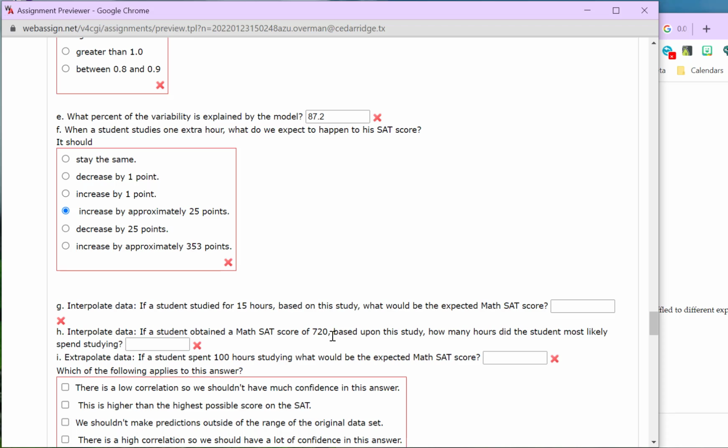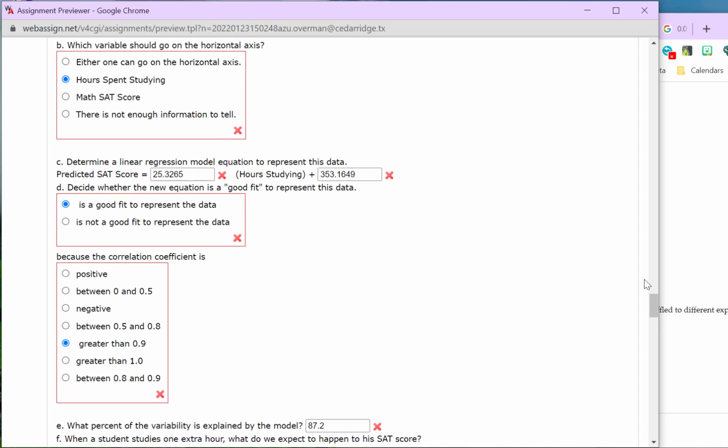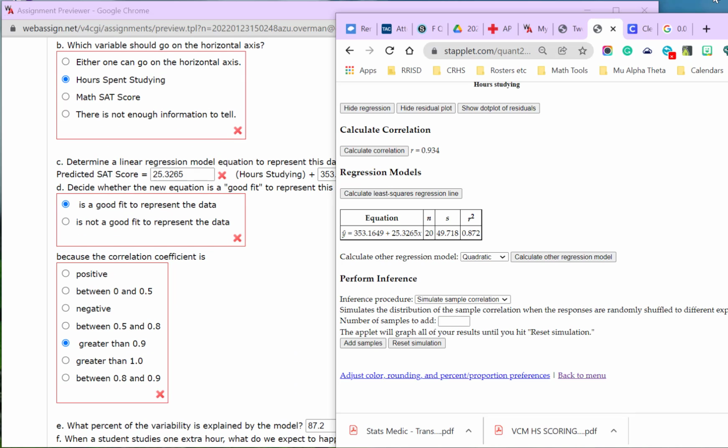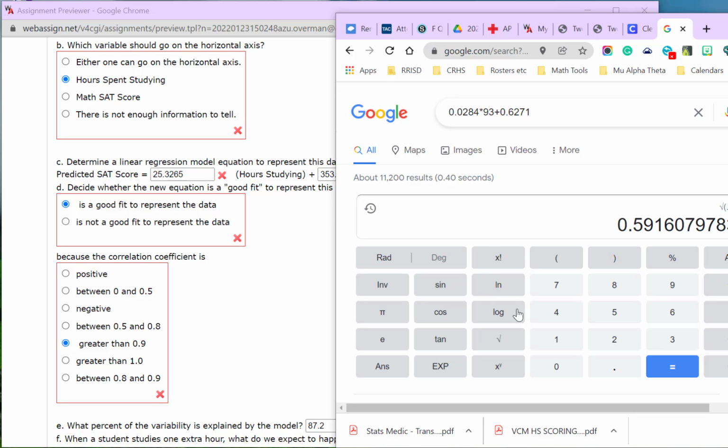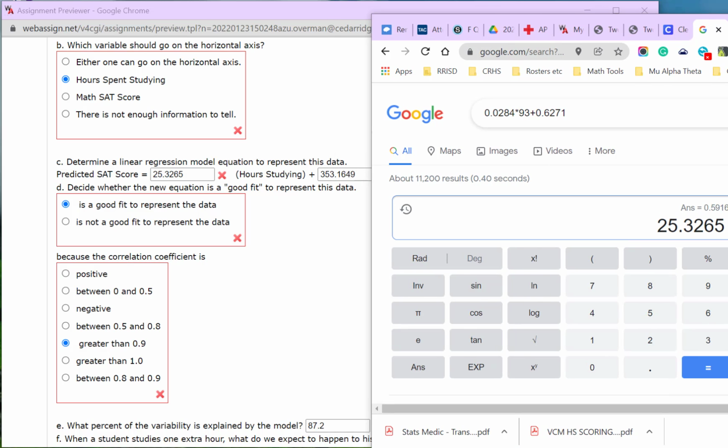If a student studied for 15 hours based on this study, what would be their expected math SAT score? So I'm going to need that equation and a calculator. 25.3265 times, we said 15 hours, plus the intercept, which was like 353.